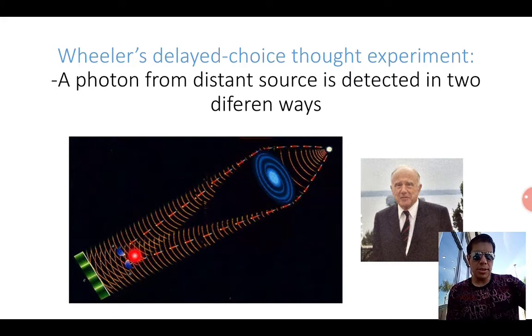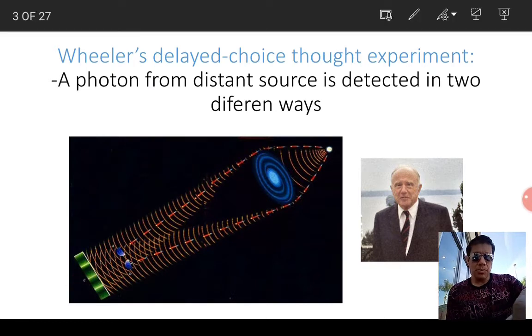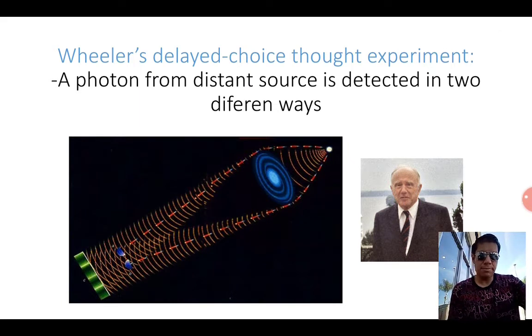And of course, if you detect the path the photon went through, you can say the photon behaved like a particle. Just like when you throw a ball, it goes one direction or the other, and you can detect which way the ball goes. But here's a weird thing, and you may not be surprised about this one already. If you don't know which path the photon went through, you can detect an interference pattern.